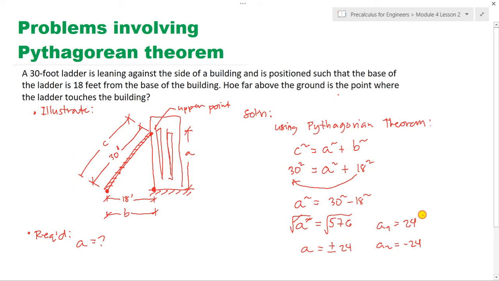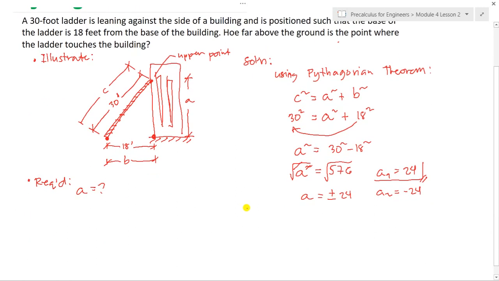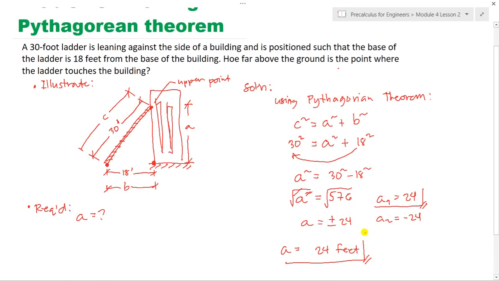Just take the positive, because there is no such thing as a negative height. So therefore, just take the positive, class. Therefore, our final answer is the distance from the ground to the point where the ladder touches the building is 24. And don't forget to write the unit, feet. Okay, so that's it, class. Just use the Pythagorean theorem.